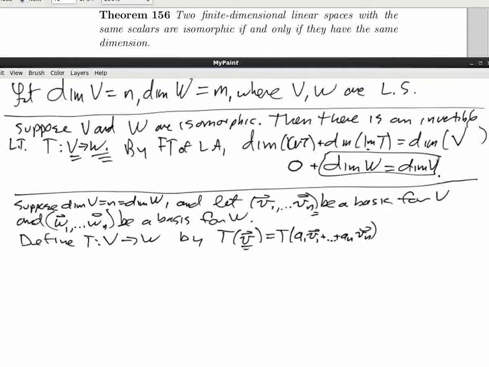First, any element of V can be written as a linear combination of the basis because the basis spans. So take however you have V and write it in terms of the basis. And all T does is replace the basis elements, the Vi's, with Wi's.